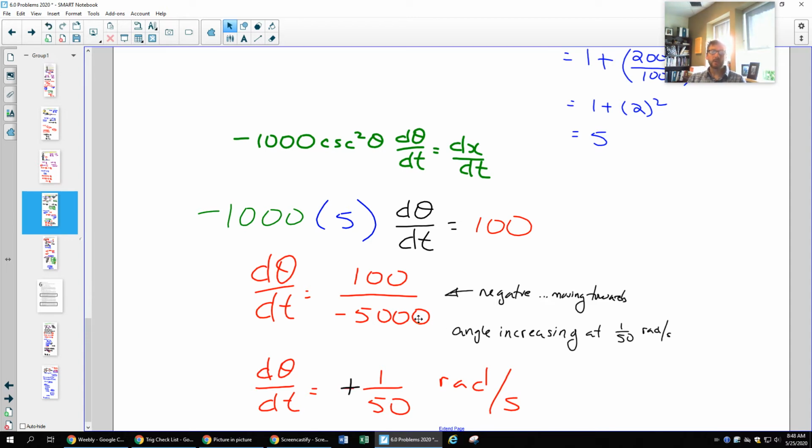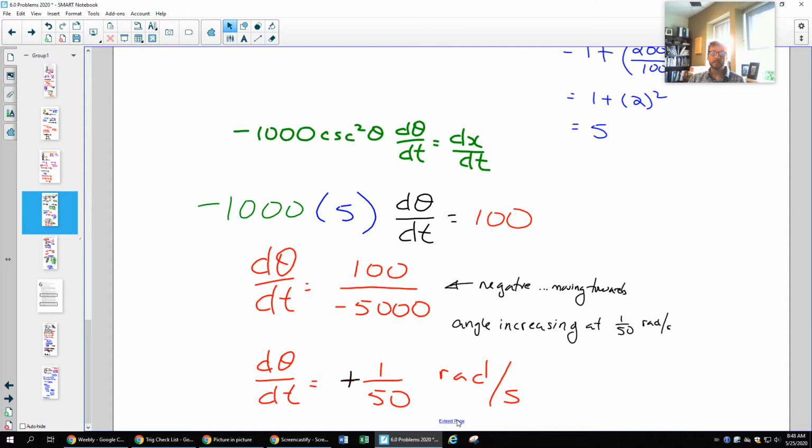So even though you get a negative answer here, we need to understand the context of the problem, that the plane is moving towards us. My diagram is moving left. Doesn't matter if it's moving left or moving right. The negative comes from the cosecant and cotangent derivative. So make sure you solve your problem relative to what's happening with your angle. So 1 over 50 radians per second is the angle increase.